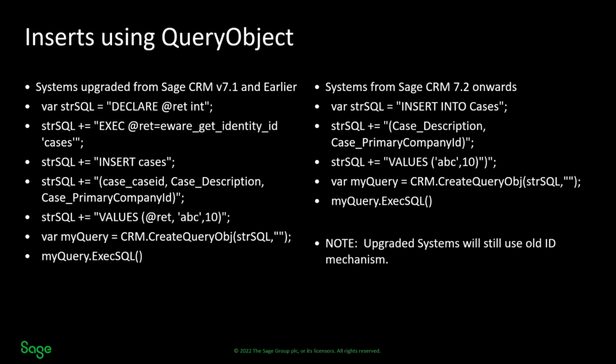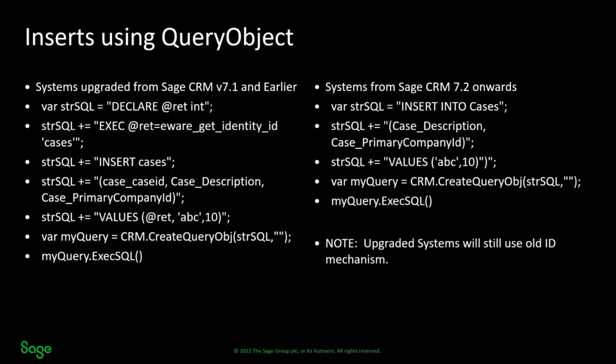Now, what that looks like when you're working with the query object is shown on the screen right now. So in systems that were upgraded from versions of Sage CRM before version 7, 7.1, it would have had this strange declaration of the ret integer variable, the population of that by the invocation of the stored procedure get identity ID to populate the unique identifier for that entity.